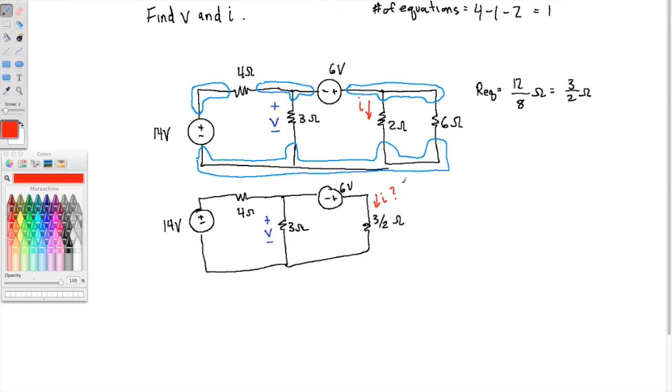No. I is the current through the 2 ohm. This current is the current through the 2 ohm plus the current through the 6 ohm. So that's not what we're looking for. When you combine parallel resistors, you lose the information of the current. That's okay. It's like taking one step backwards to take 2 steps forward. We're still going to be able to analyze this simpler circuit and relate back to the original, as you will see.